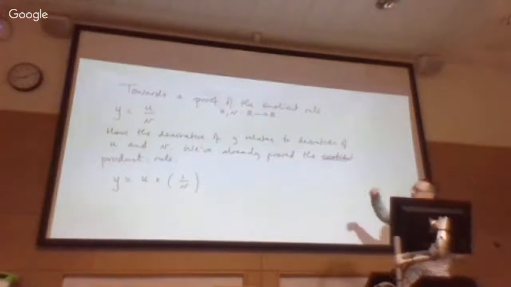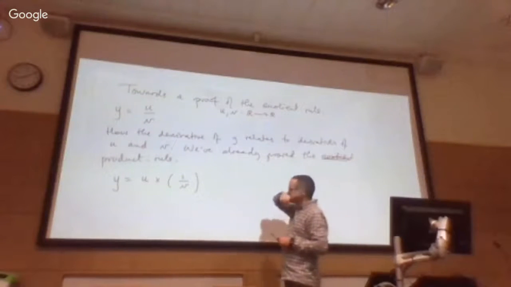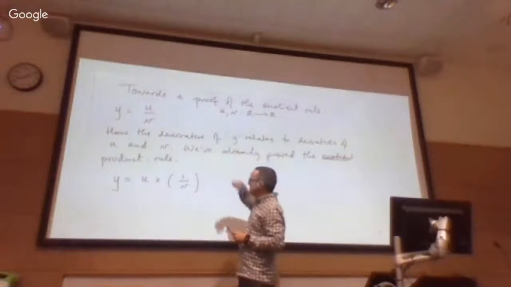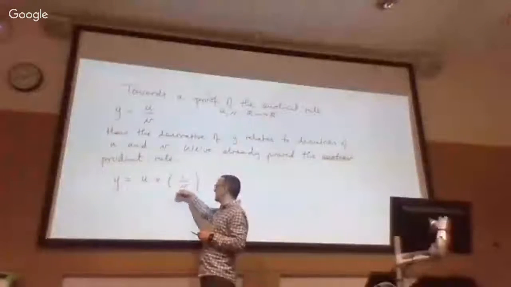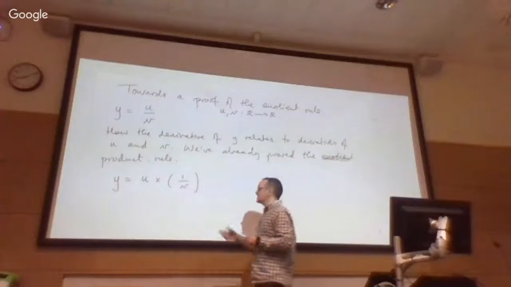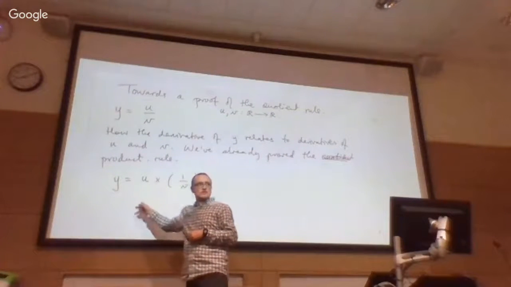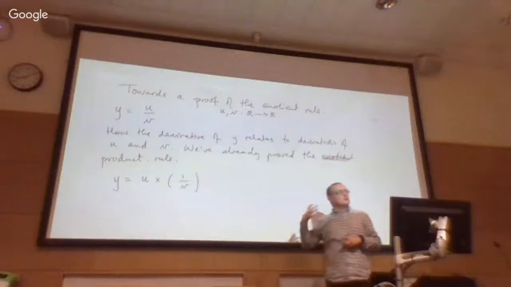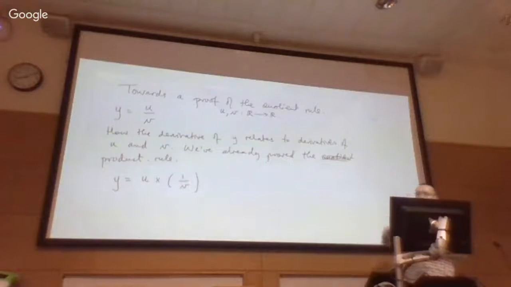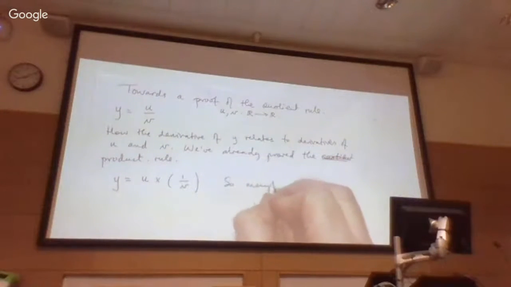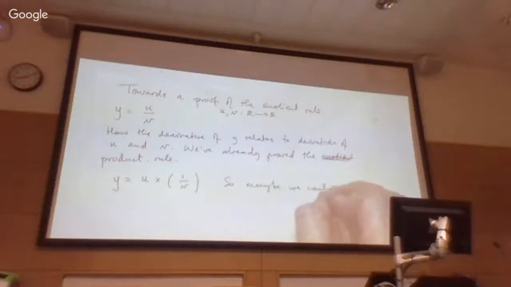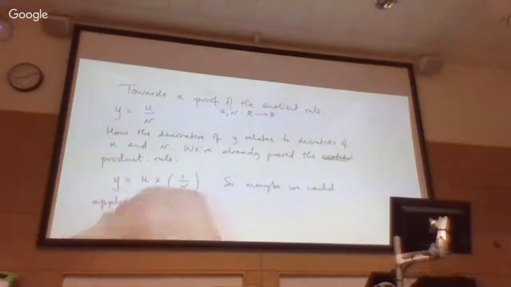Rather than thinking of it as y equals u divided by v, let's think of it slightly differently. It's the same thing, but it's u multiplied by 1 over v. So that shows the presence of a product of two functions. So we could use the product rule to get the derivative of y in that case.